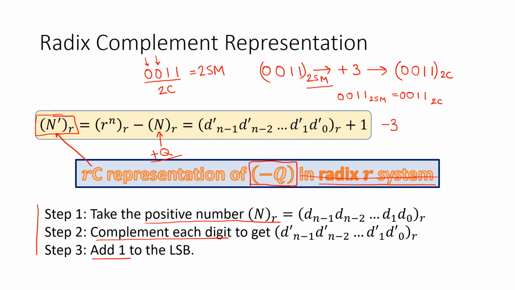So one cannot ask you to find 2's complement of -3 in 2 bits, because in 2 bits only the magnitude part can be represented. The magnitude part of 3 can be represented in 2 bits. So I have to go to at least 3 bits in order to represent the signed magnitude of +3. So sometimes, to confuse you, this sort of question can also be asked.